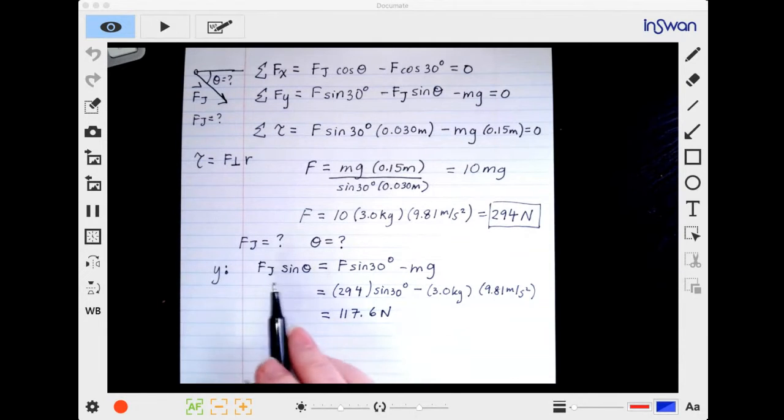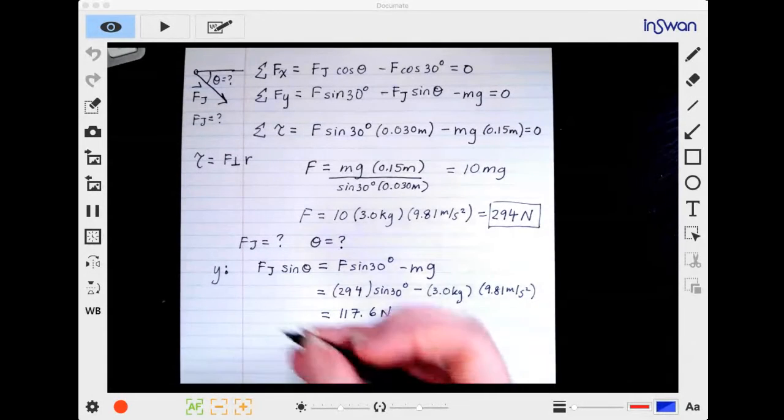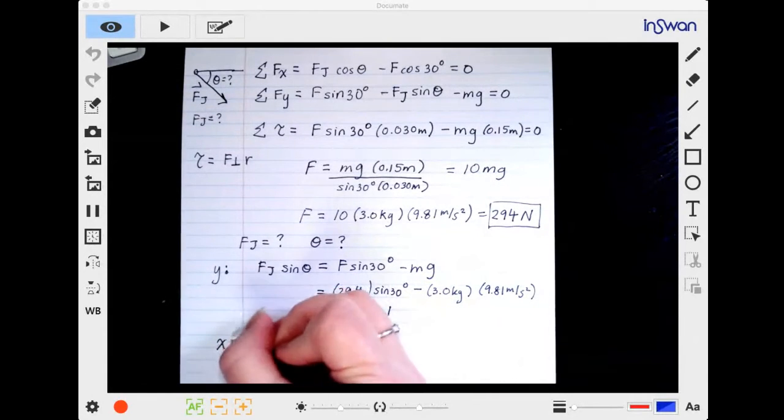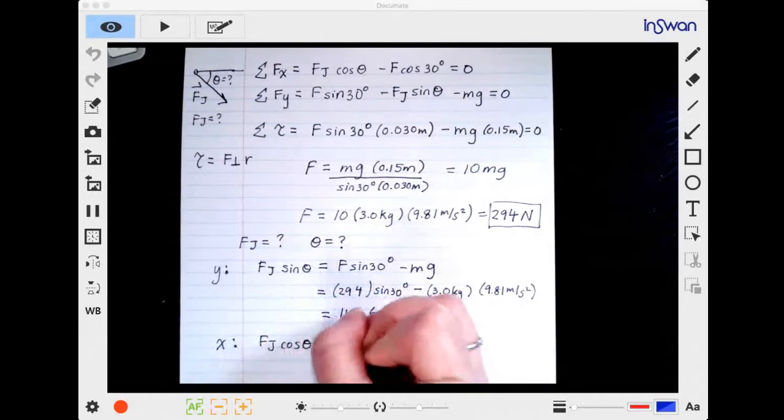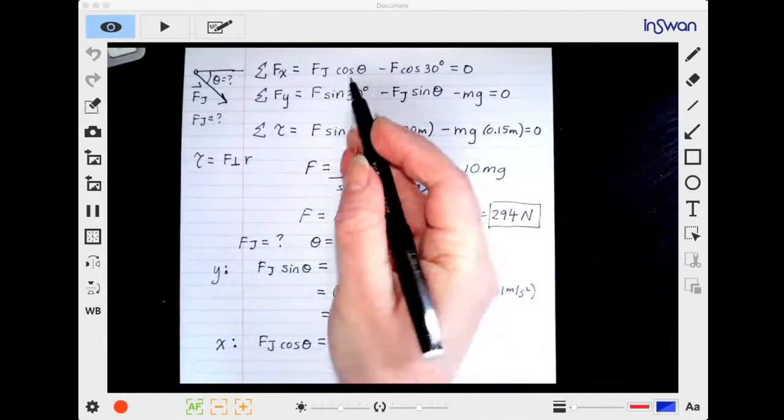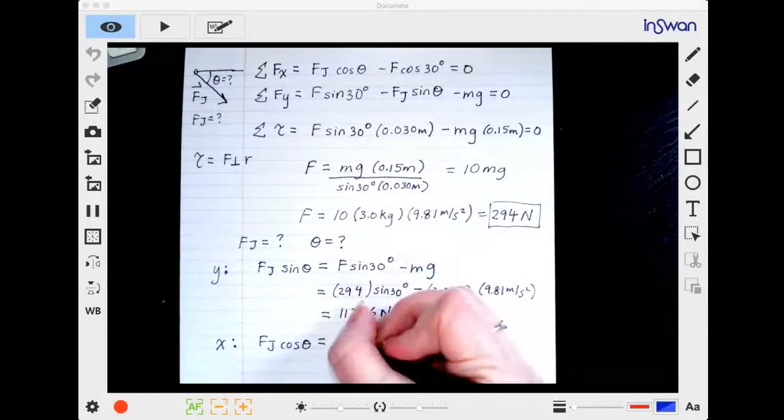And that's Fj sine theta, so that would be basically the y component of that force. Then we can find the x component of the force, which is Fj cos theta, and you can see up here it's just equal to F cos 30.